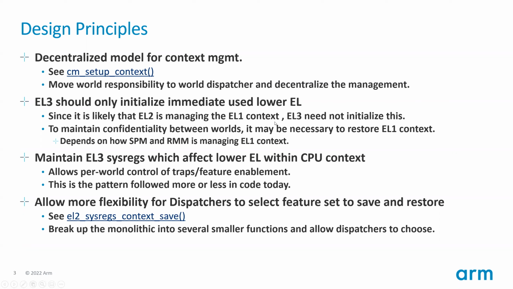So this moves away some of the world-specific initialization from cm_setup_context into the dispatcher component responsibility. Now, one thing to be aware is the non-secure world does not have a corresponding dispatcher. So we would need to do a special helper function just for the non-secure world.